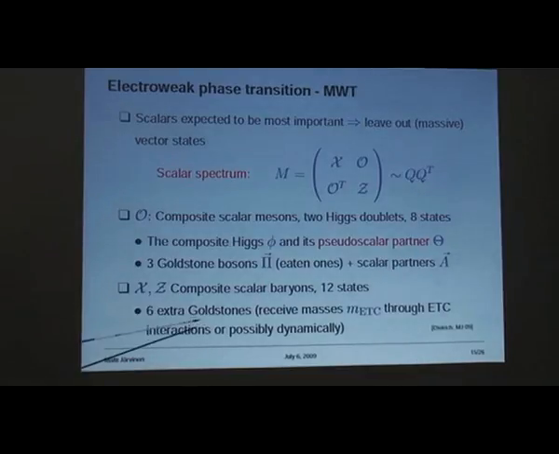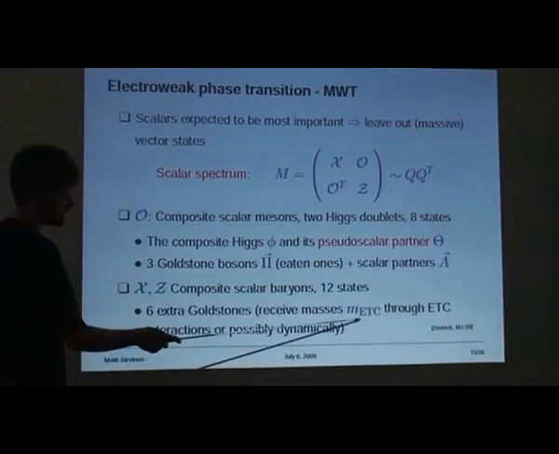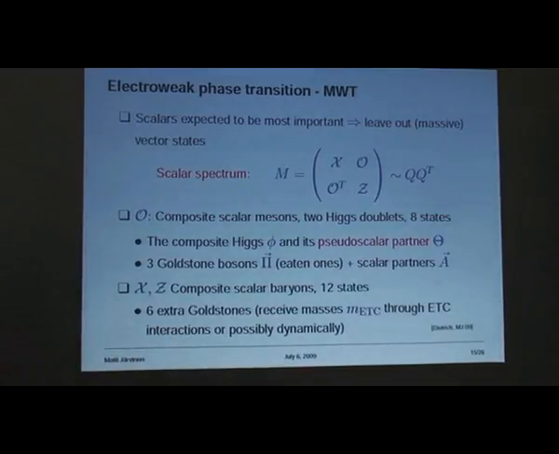And these include also some extra Goldstone modes which are related to this SU(4) to SO(4) chiral symmetry breaking, which don't receive a mass from the chiral symmetry breaking, so you have to assume some extended technicolor mechanism which gives a mass to these, because otherwise you don't want to see any light extra states, because you would have seen them already.